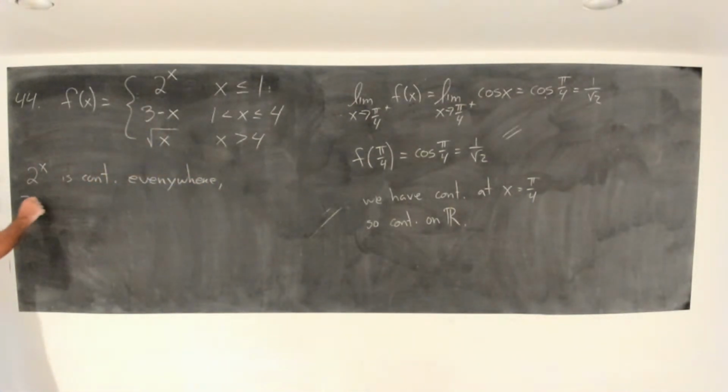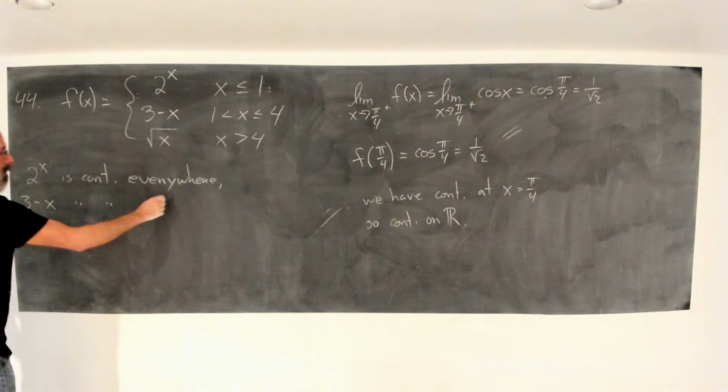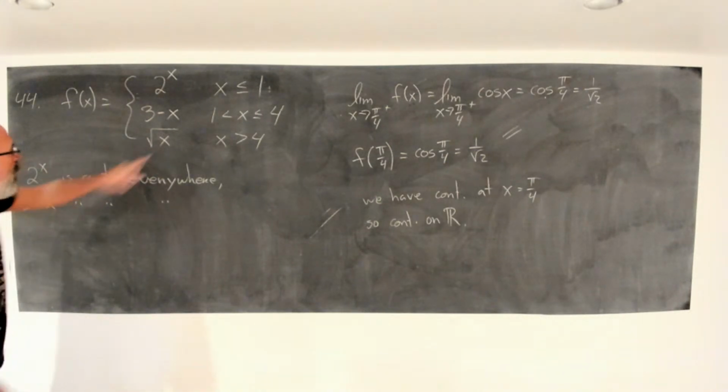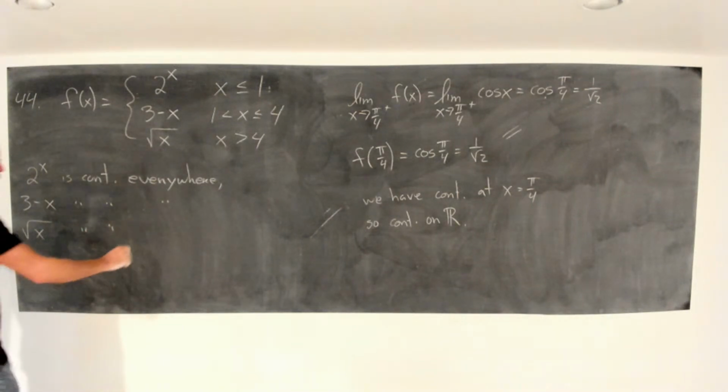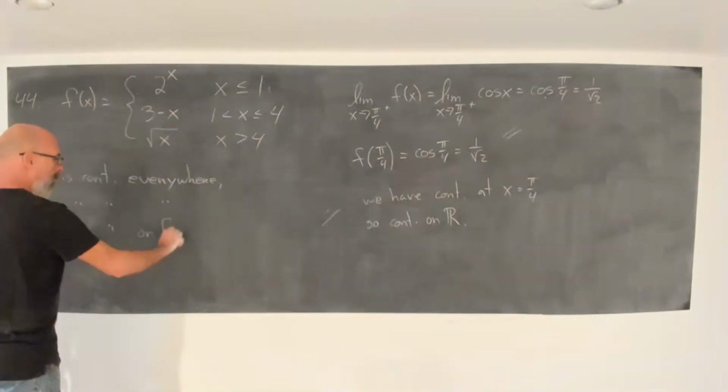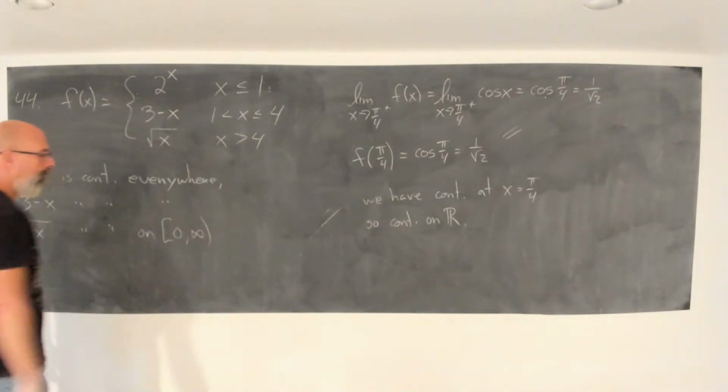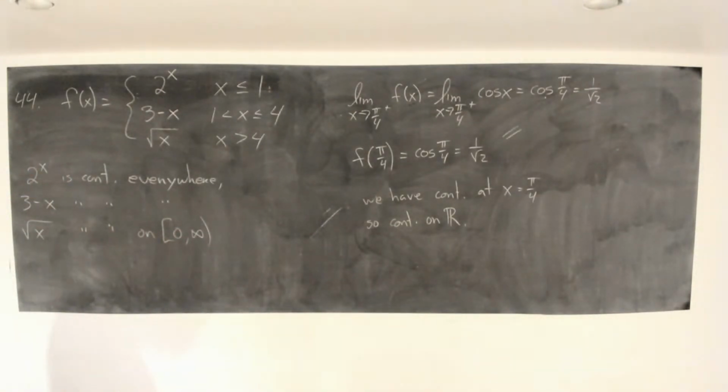Three minus x is continuous everywhere. And square root of x is continuous on the interval 0 to infinity. Right? You know what the graph looks like.